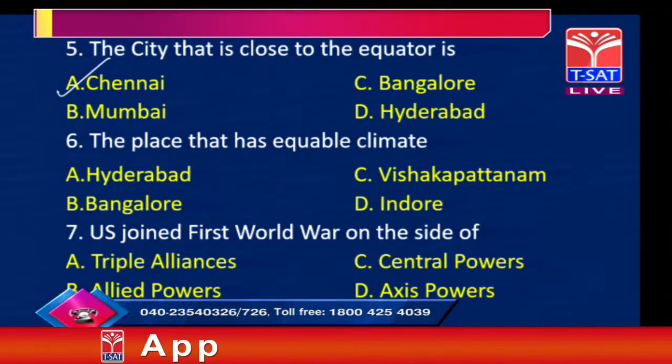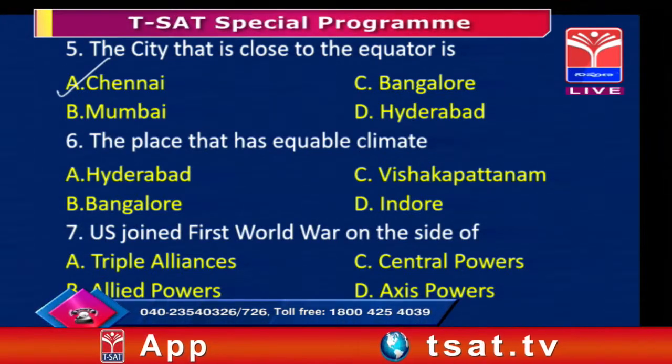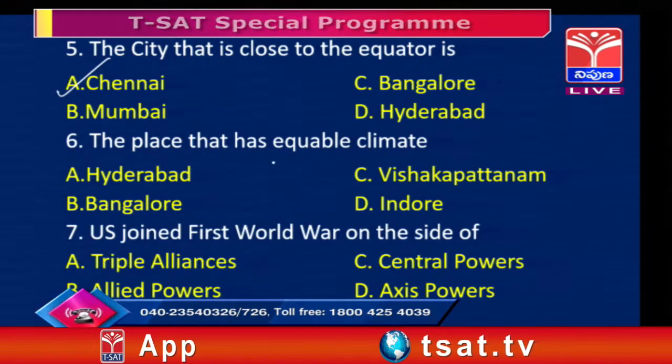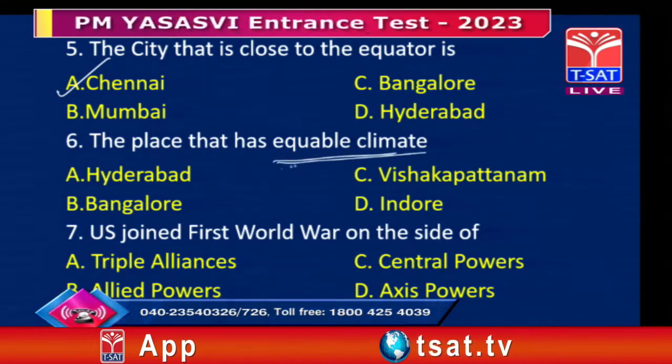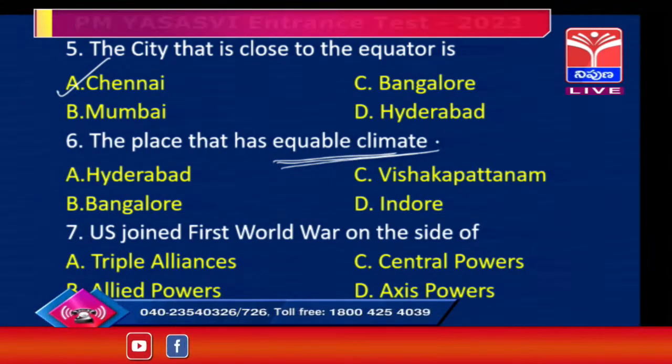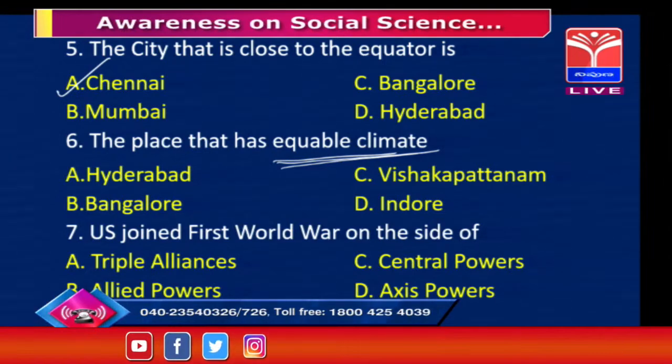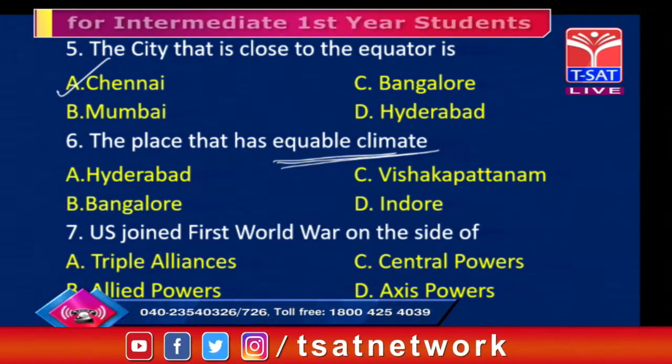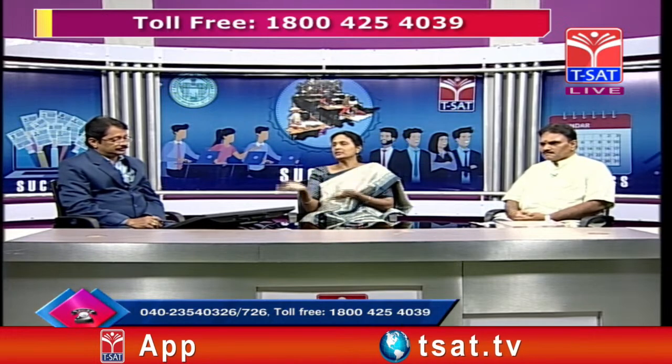So what do we mean by equable climate? The difference between the minimum temperature and the maximum temperature is less. Where is this less, and why? The places which have the influence of the sea or oceans will record different temperatures, because of the presence of the water body.